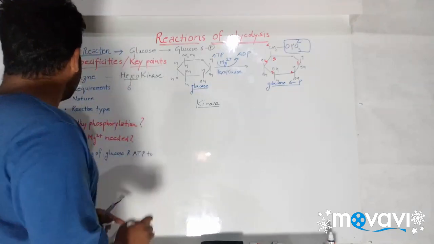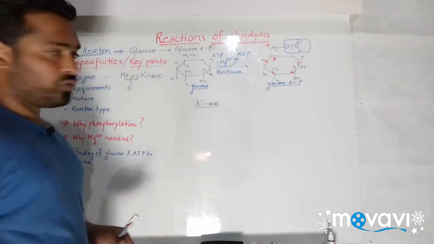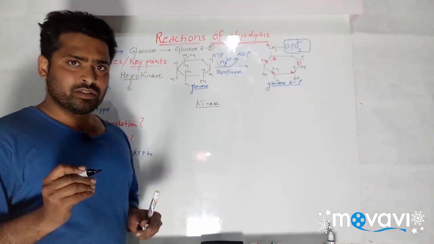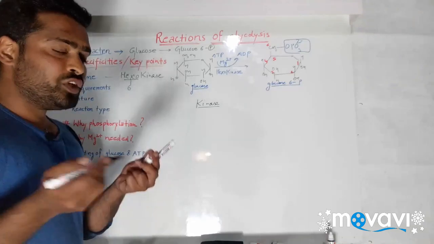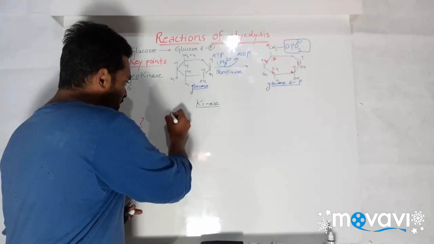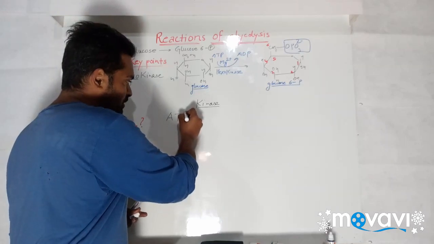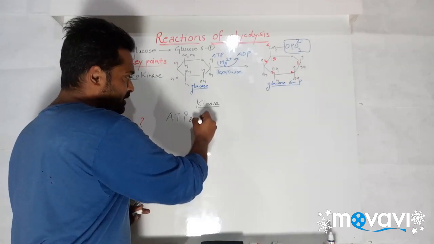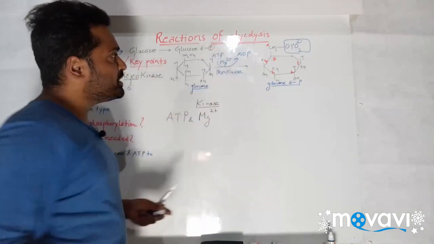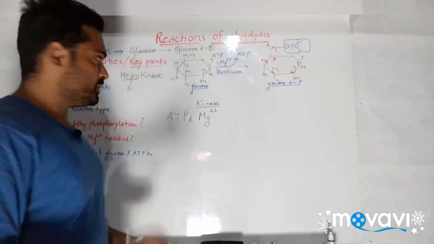So the enzyme is clear. Now the requirements of this enzyme. Requirement means what do we need to catalyze the reaction. The requirements are ATP and Mg2+. You can see here ATP is needed and Mg2+ is also needed.